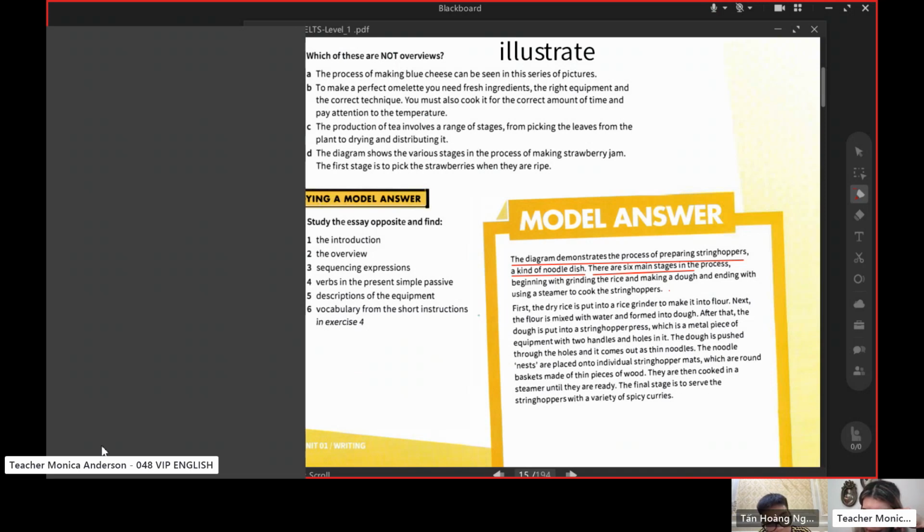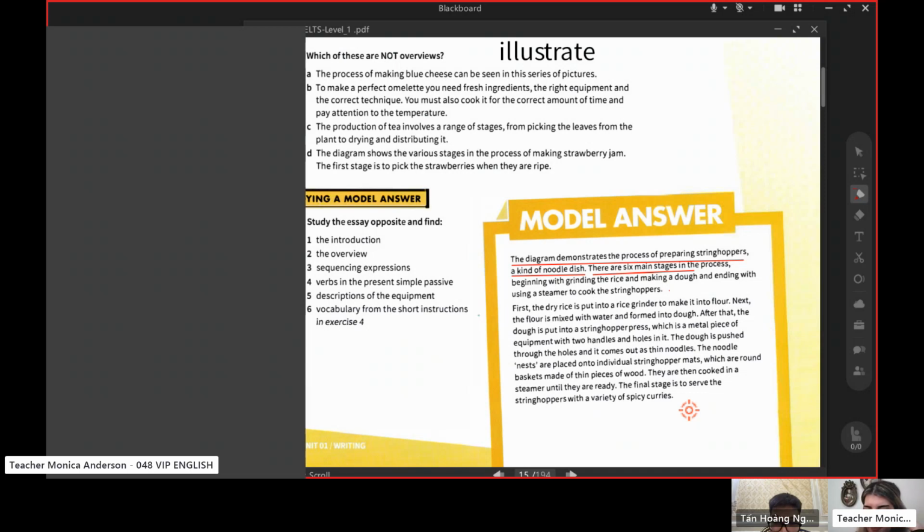Description of equipment. What is equipment? For example, something that you need to talk about, like if it's metal or wooden.